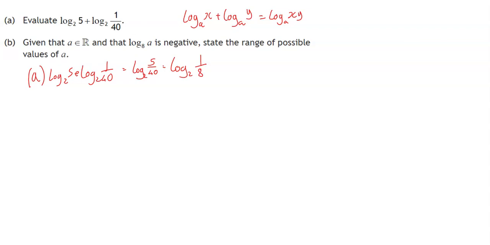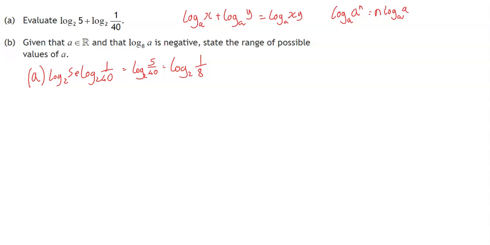Now another thing I maybe want to ask myself is, can I get this down to just a single constant value and eliminate the logarithm itself? In order to do that, one law of logarithms that I want to remember is if I have log to the base a of a to the power of n, I can bring down the power and make that n times log to the base a of a.